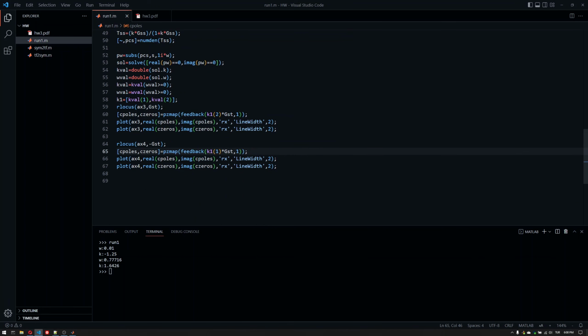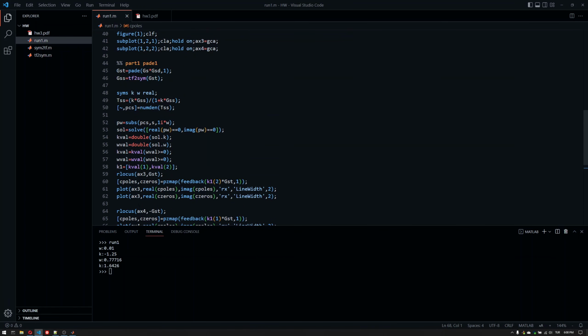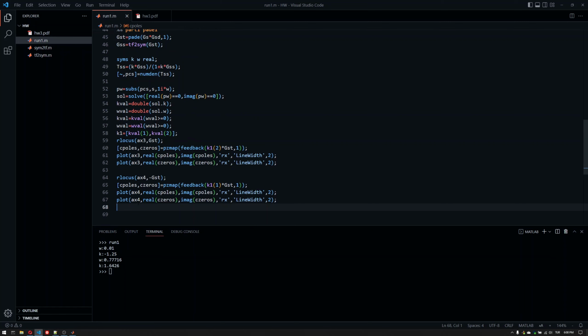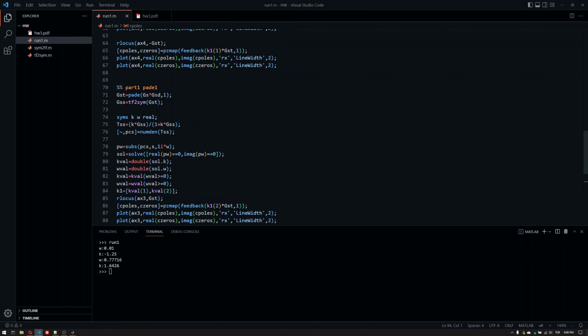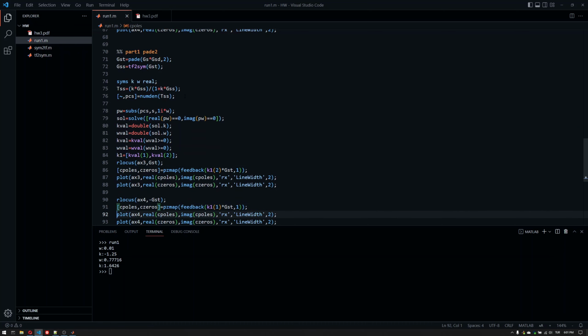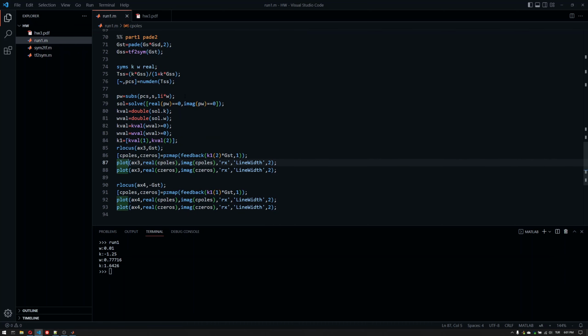Now we can repeat this whole procedure for the second order Padé approximation. So let's do that too. Padé 2. Now we're using that and this. Now let's change color, so this should be blue, this should be blue.